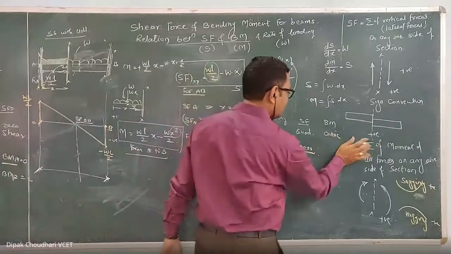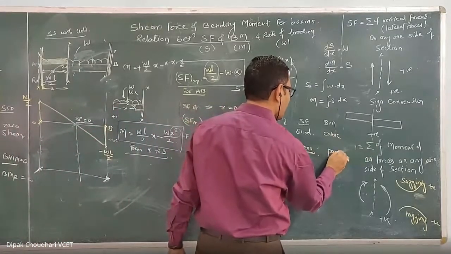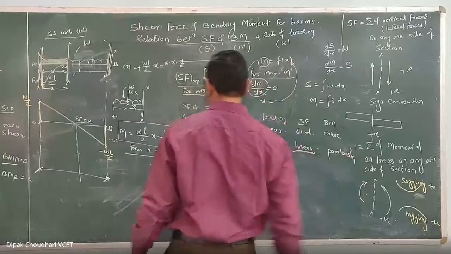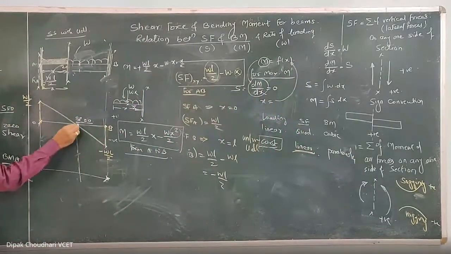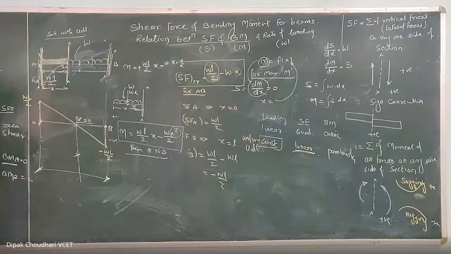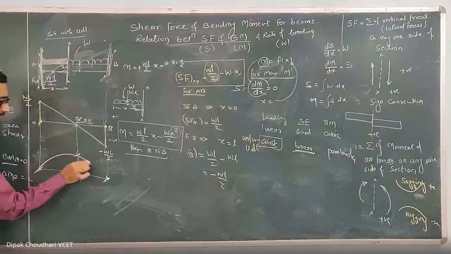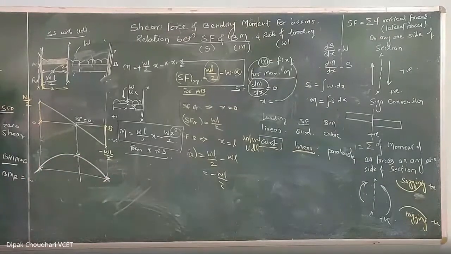Okay, instead of writing quadratic, here I can write it as a parabola, being maximum at this point where the shear force changes its sign. Understood? Yes, so this will be the bending moment diagram. Parabola. A straight line will not come. Don't draw such a type of straight line.